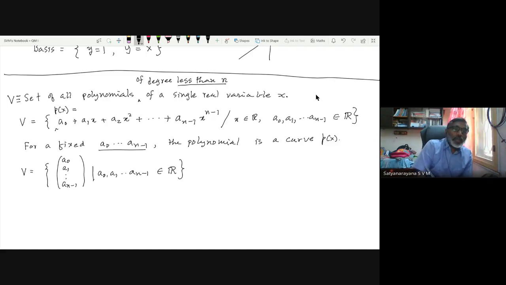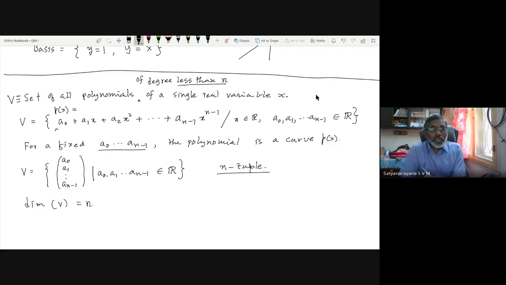So the set of all polynomials of degree less than n is basically this n-tuple, correct? So this becomes a vector space, and the dimension of this vector space is equal to n. This is an n-dimensional vector space.